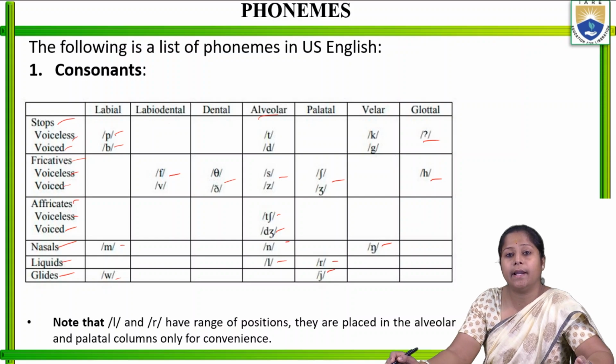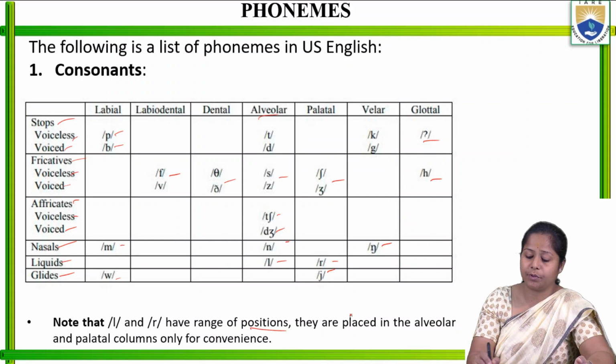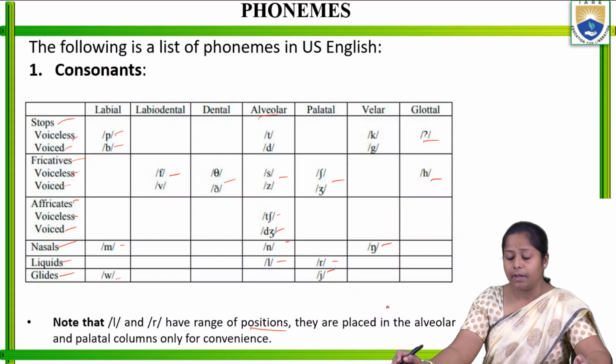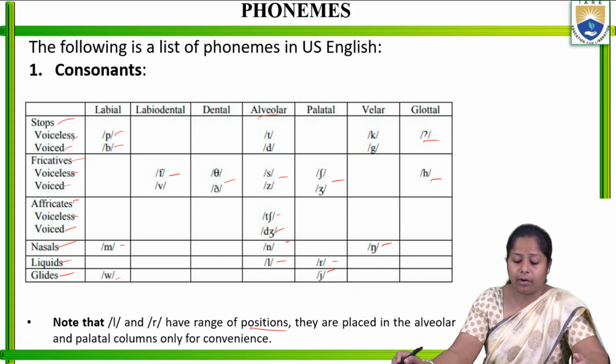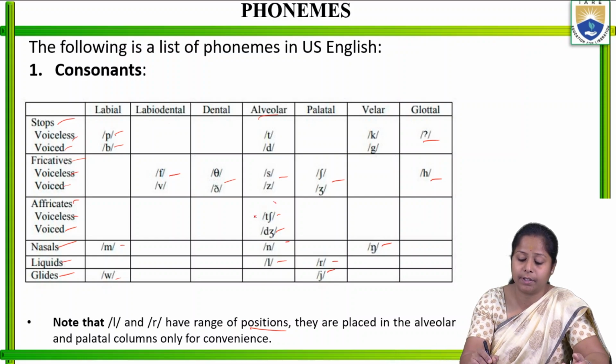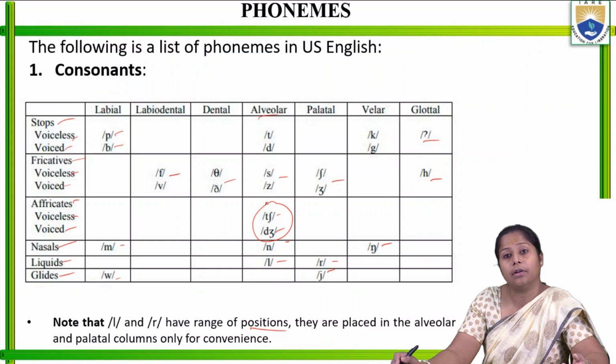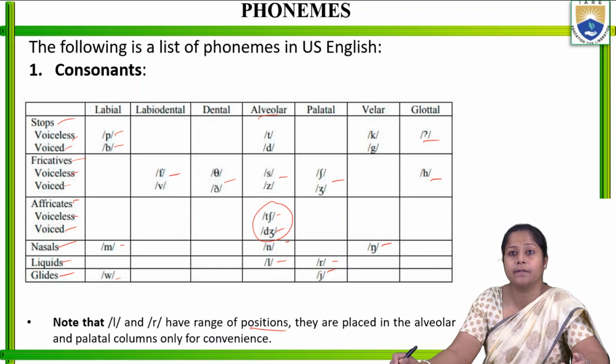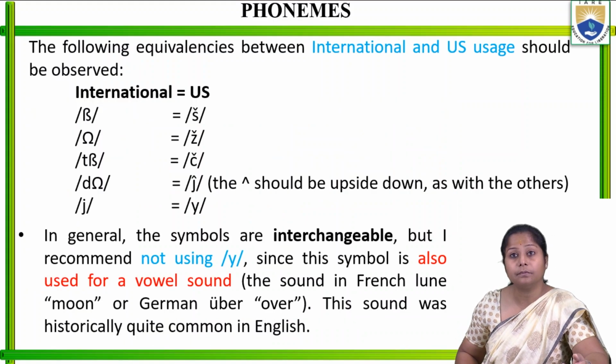Now note that L and R have a range of positions. They are placed in the alveolar and palatal columns only for convenience, so that we can understand and make different words and sounds from this table.